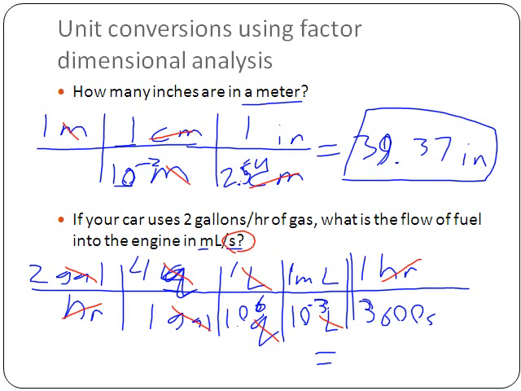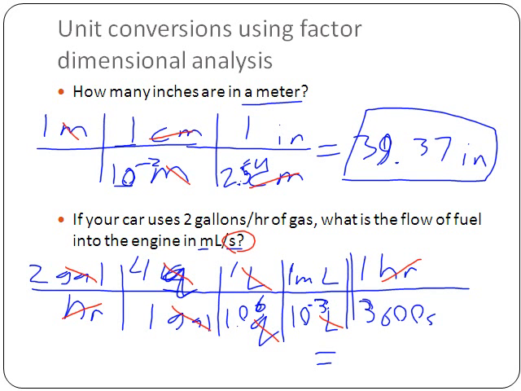So divided by 1, divided by 1.06, then divided by 10 to the negative third, and then divided by 3,600. In doing so, I get 2.096 milliliters per second.